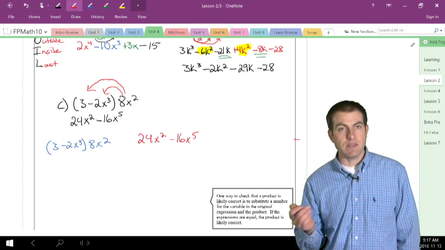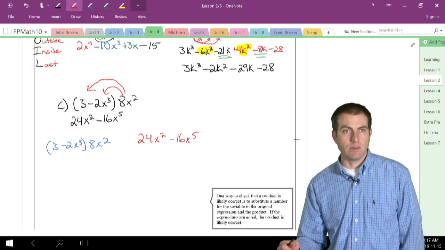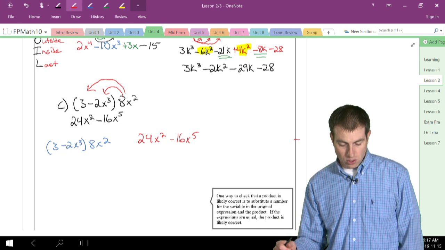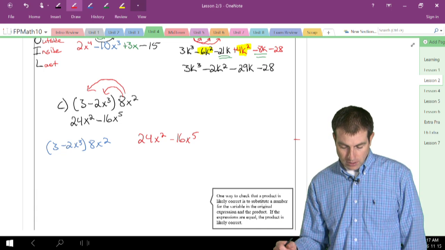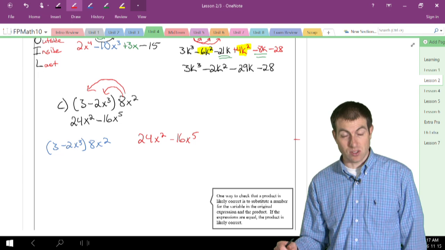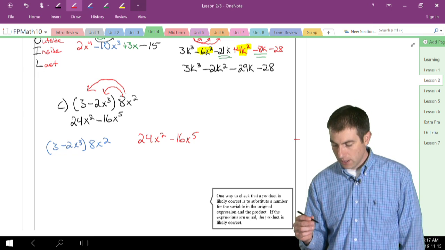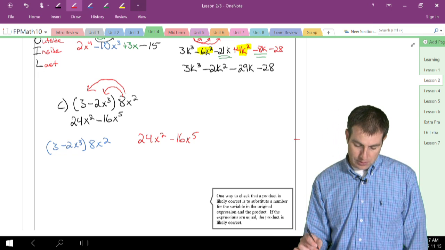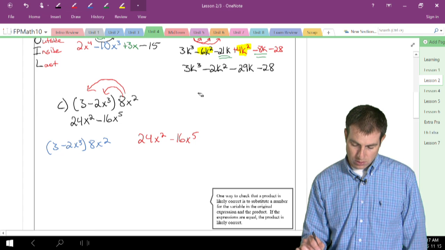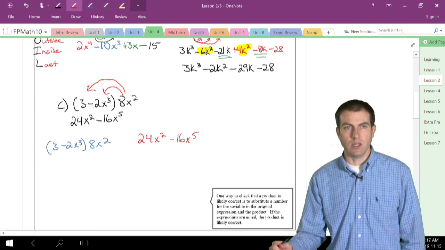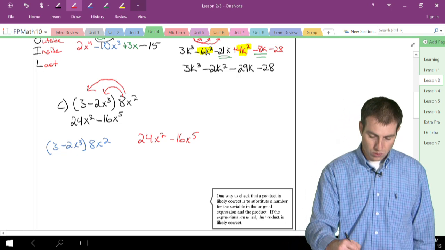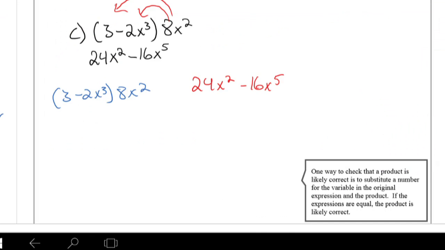Now, I can pick any value I want to substitute in just as a check. I can pick 0, I can pick 1. In this case, 0 is not going to reveal a lot. So let's just go with x equals 1. We're going to substitute x equals 1 into the brackets, anywhere there's an x.